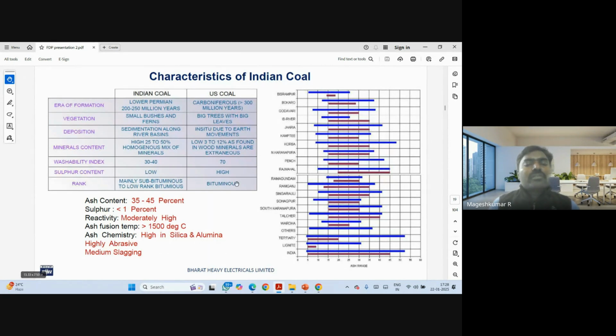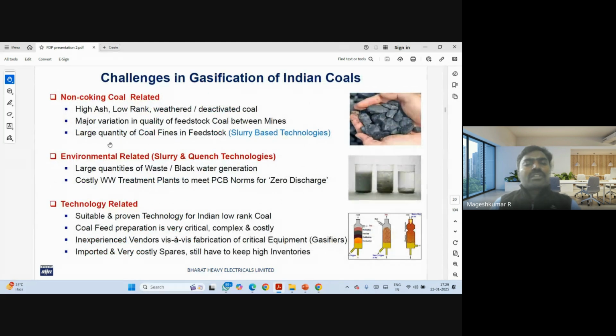In case of foreign coal, it would be less than around 25%. So this is the major criterion which differentiates our coal, as well as the usage of technology. Presently, for the coal gasification technology with respect to fluidized bed for Indian coal conditions, no technology has been commercially proven yet for this high amount of ash, except the one developed in-house. So we are going for the commercial operation shortly.